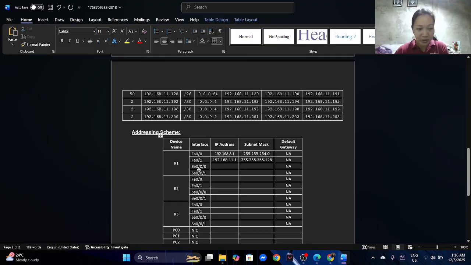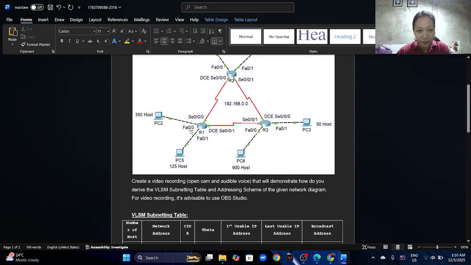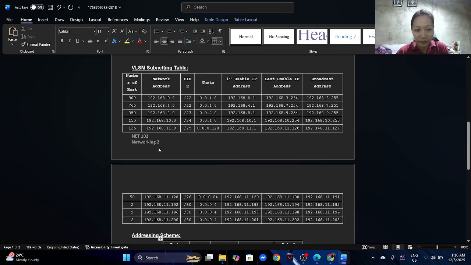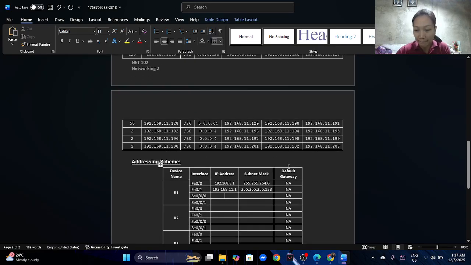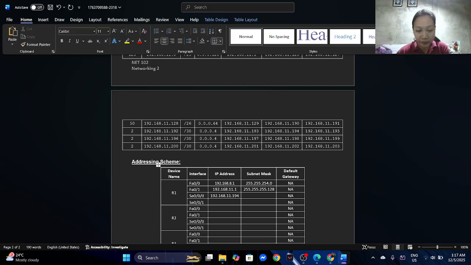And for SE0, SE0 is DTE. So the router 1 is DTE. So, ang gagamitin natin dito is the last usable IP. So for router 1, the last usable IP is 192.168.11.194.